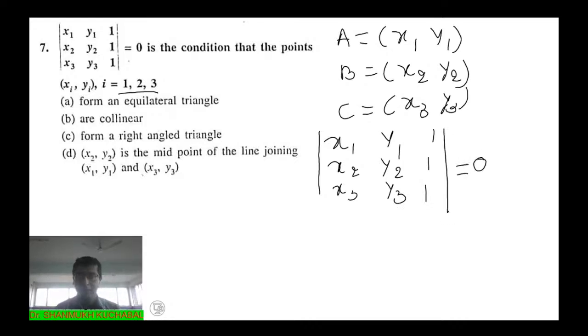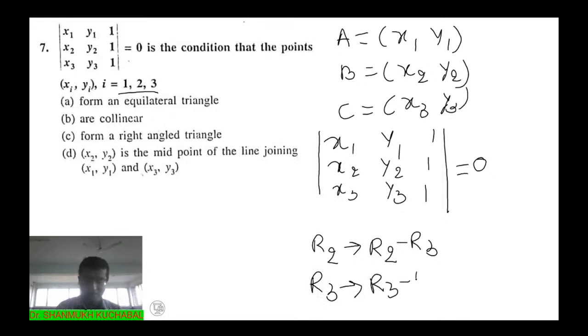Okay, so we have this determinant. We'll make a maximum number of zeros and we'll expand the determinant. So we'll perform row 2 changes to row 2 minus row 3. That is, this place will become 0. And row 3 changes to row 3 minus row 1. We will perform this elementary operation in this particular determinant.